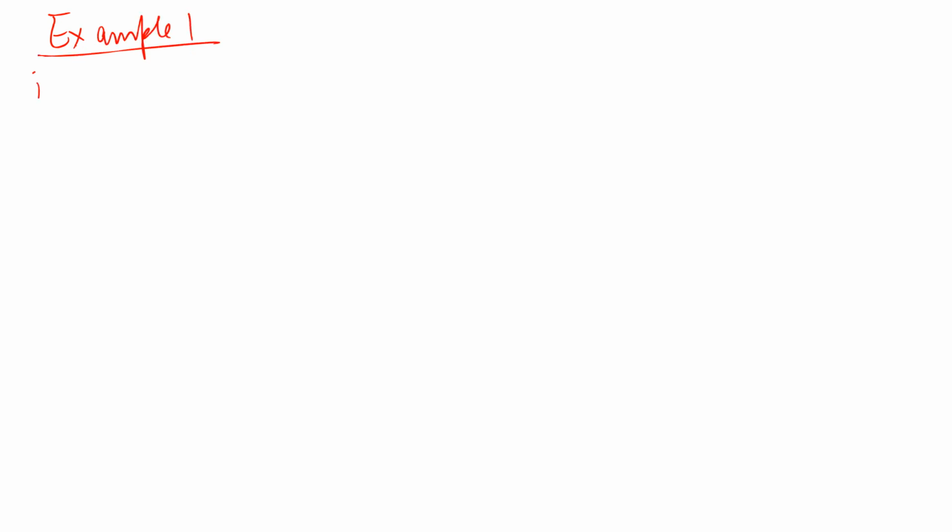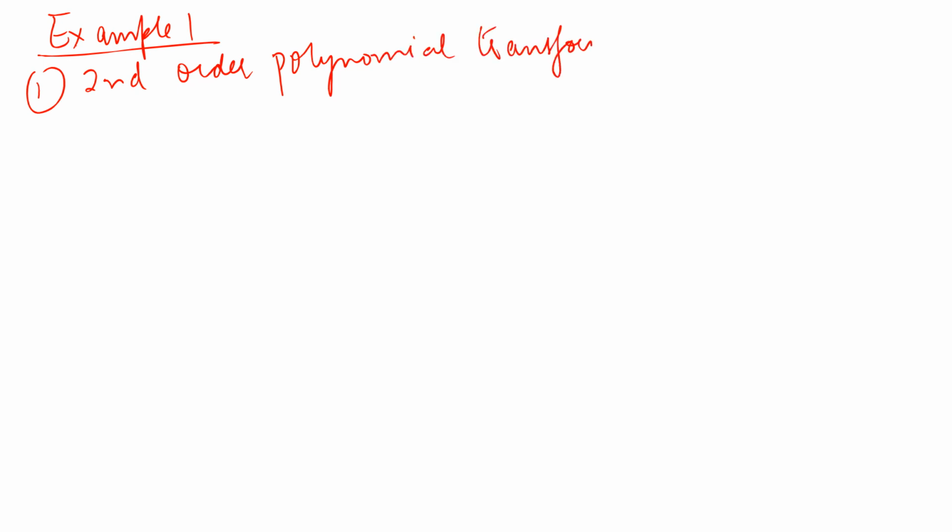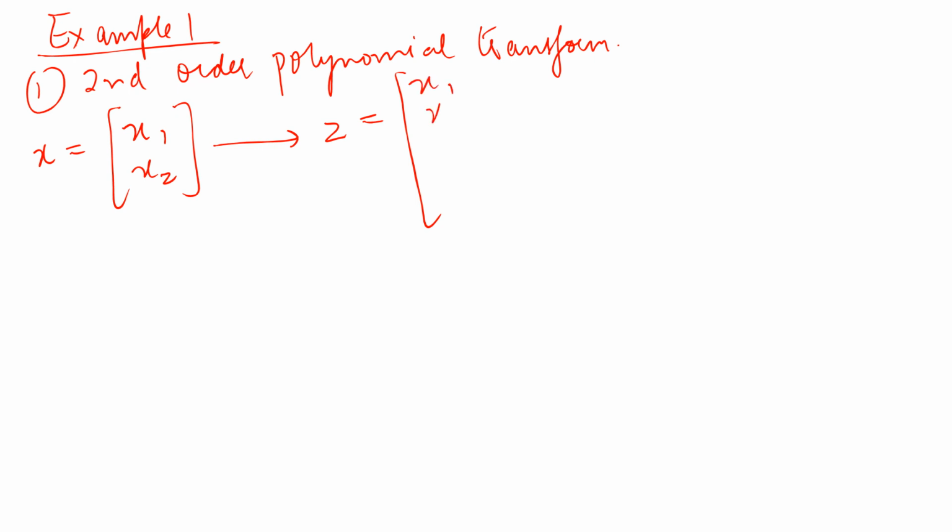Okay, so the first is, as I said, the second order polynomial transform. All right, so let's look at this. Let's say I have my x, which is x1, x2, and in my z space, this becomes, from our prior knowledge, x1, x2, x1 squared, x1 x2, x2 squared.